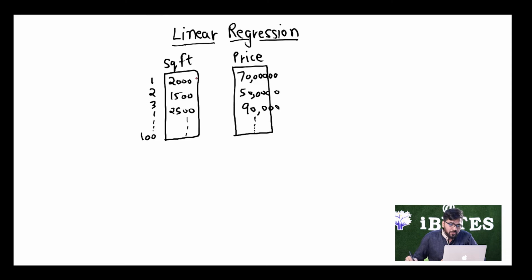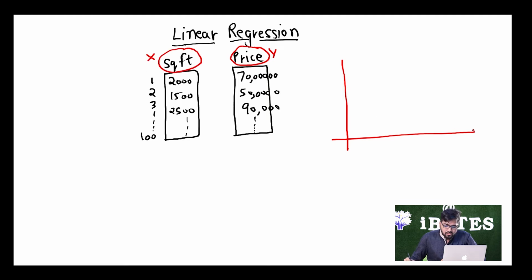So if I try to plot this on a graph, basically this is my y and this is my x. So this is x, that is square feet, and this is price.